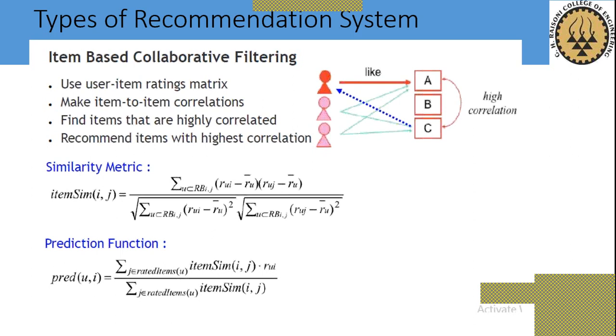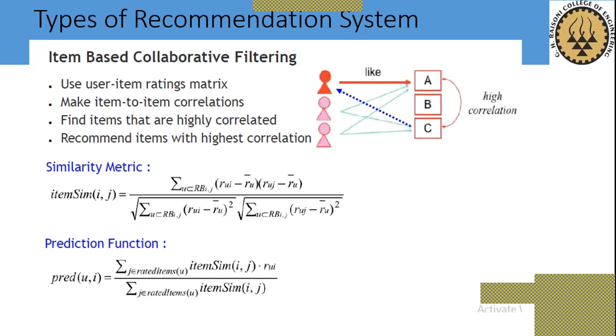That is called item-to-item correlation. We find the items that are highly correlated, and recommend the item with the highest correlation.